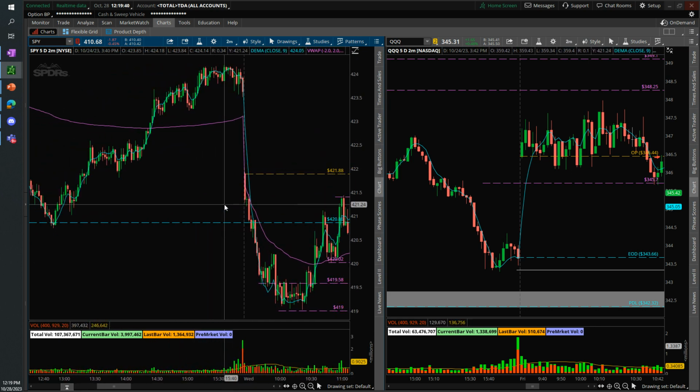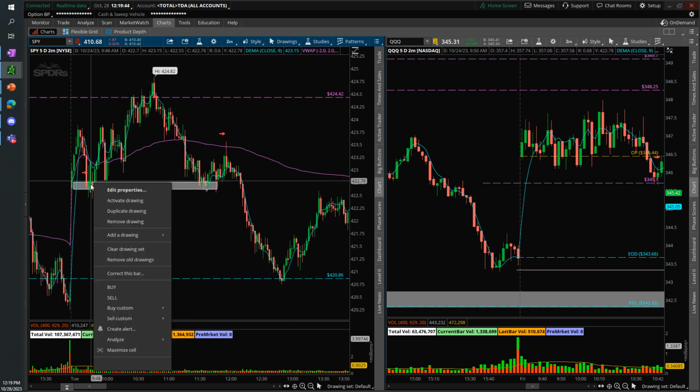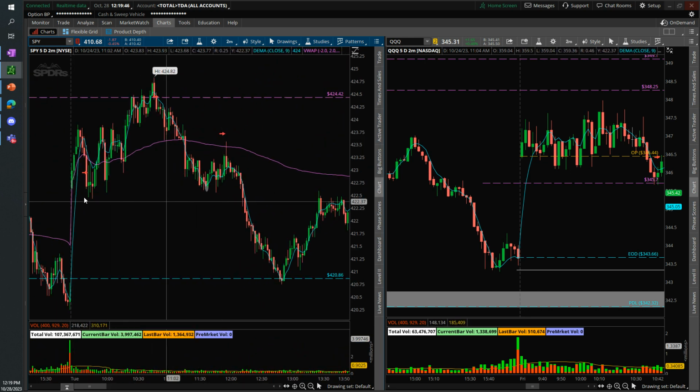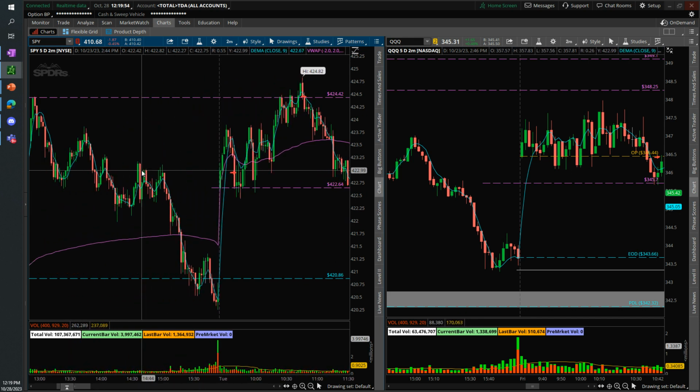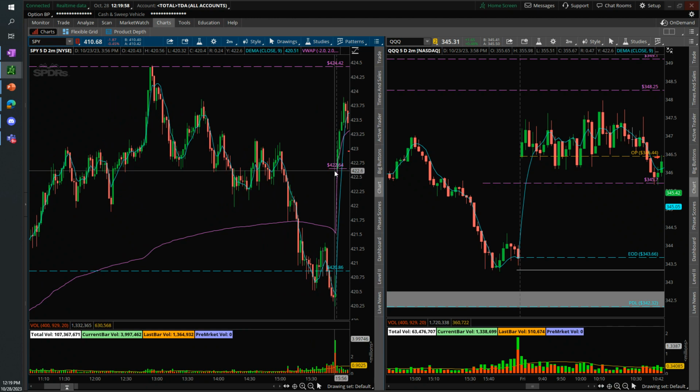And you can see this week we had a lot of different days. I mean, look at this right here on SPY. This day right here, 10/24. Oh, I love this one, dude. This is a beautiful example of how to learn to trade the story. Open print over here, 422.64.